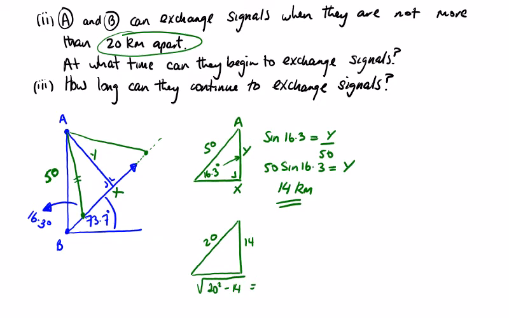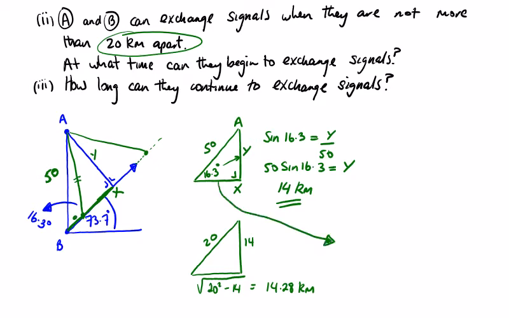And if we type that into a calculator, we're going to get 14.28 kilometers. So we can get this distance in here, which is the side of this triangle.